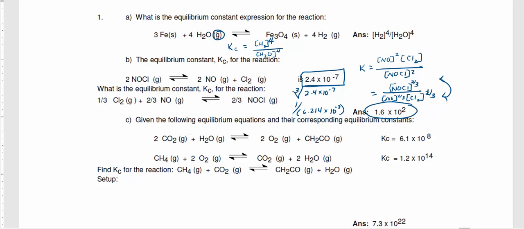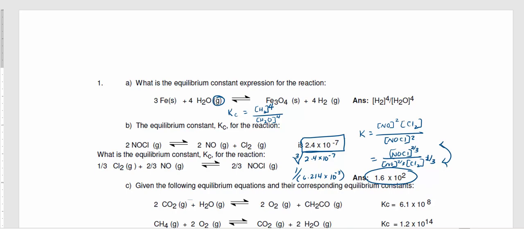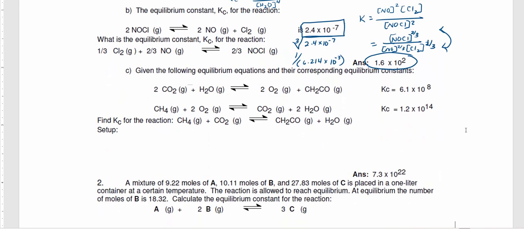So for C, given these equilibrium constants, what's Kc of this reaction? Well, this is similar to Hess's law, but here we're going to be applying it to K's instead of delta H's. So you have to notice how these equations are being added. Because we are adding these 2 equations together, what we're doing is we're going to multiply our Kc's.